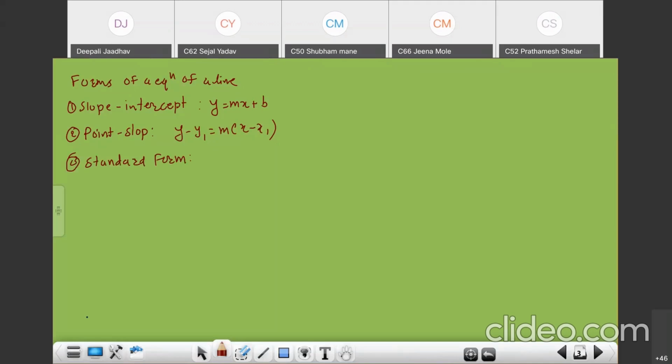Okay, this is ax plus by is equal to c, where c is a constant value.